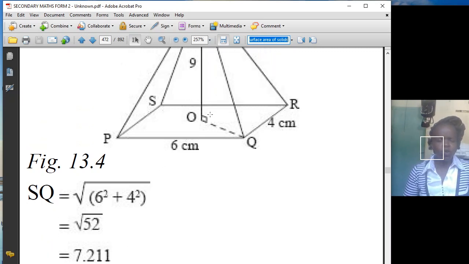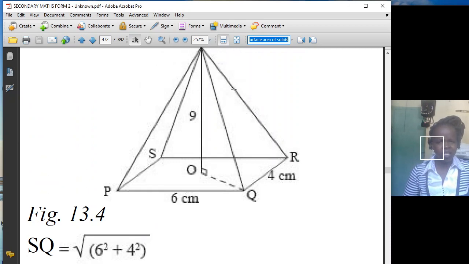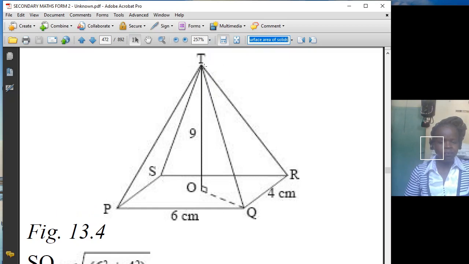So we're interested in getting OQ, to get the slant height first. Having SQ, we divide by 2, and we'll get OQ. This will assist us. We'll have a right angle, which is a right triangle, TOQ.